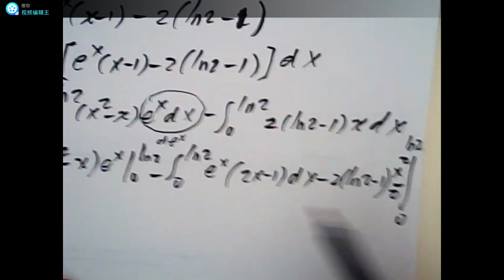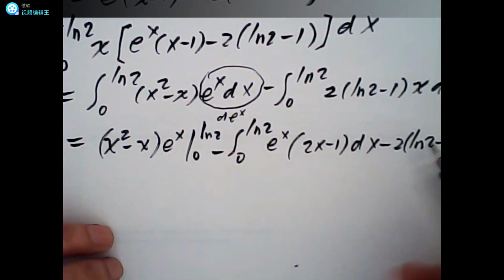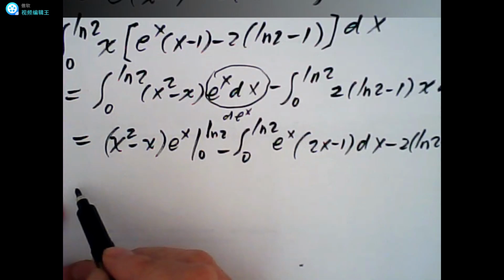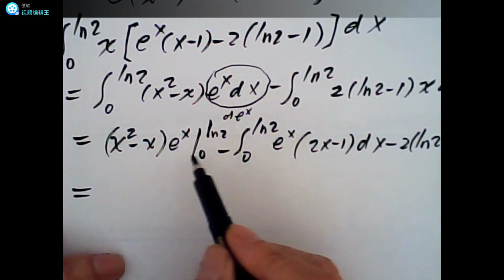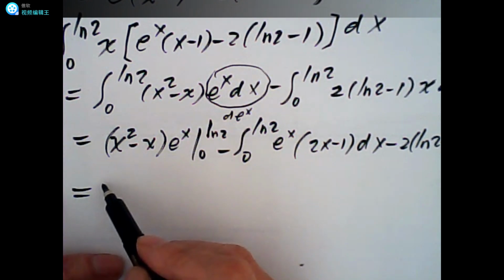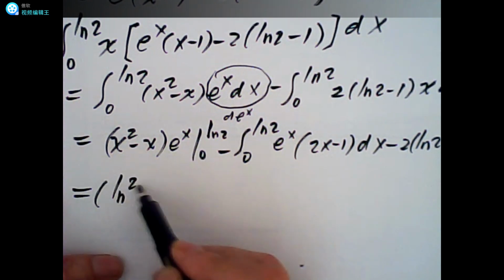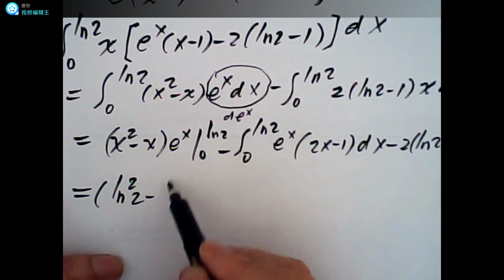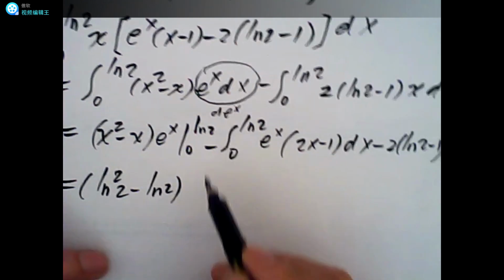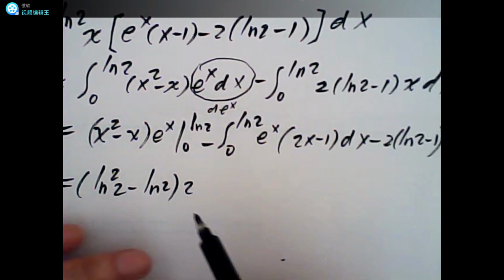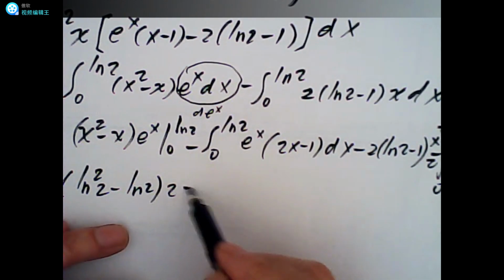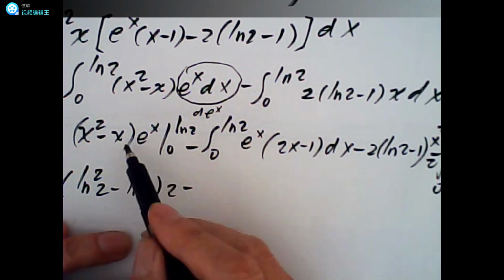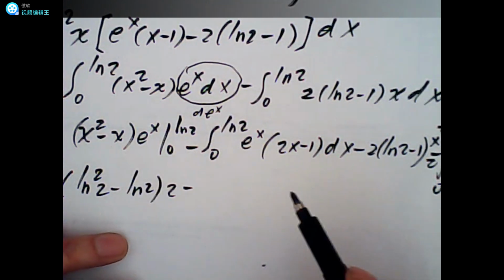Simply straightforward. Then this one equals log square 2 minus log 2 times 2, minus this thing at 0, right?